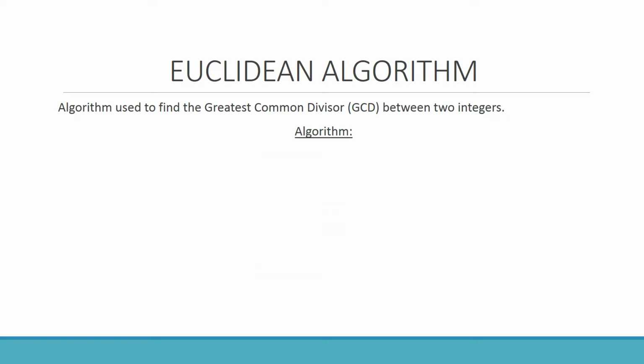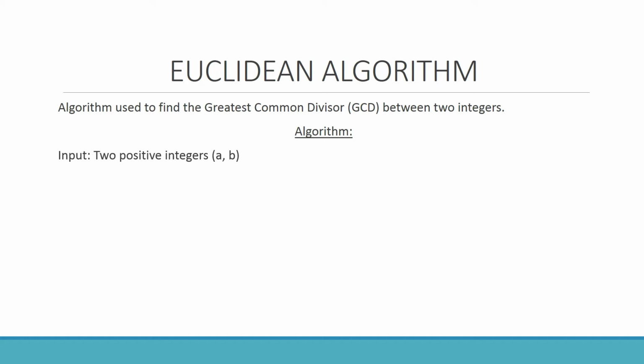Before that, let us try to understand how the algorithm works. The algorithm takes two positive integers, which we'll call A and B. These two numbers don't necessarily need to be positive. If we had any negative numbers, we could just take the absolute value to make them positive, and then our algorithm will work exactly the same.